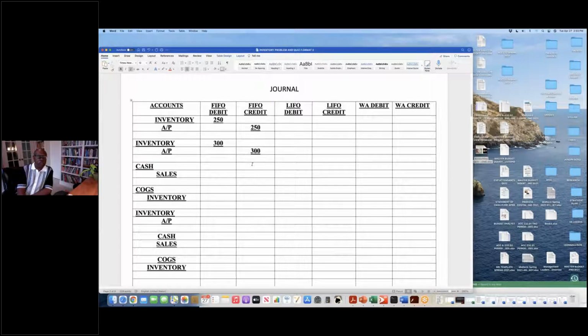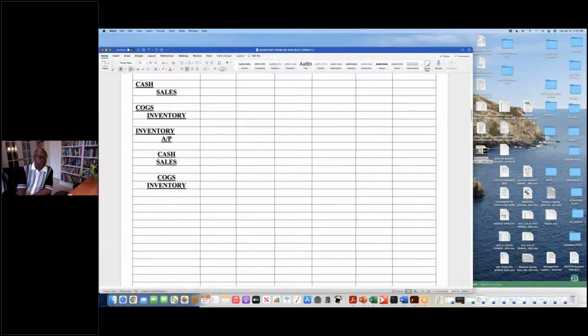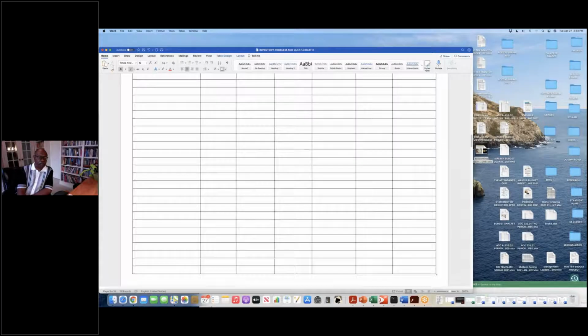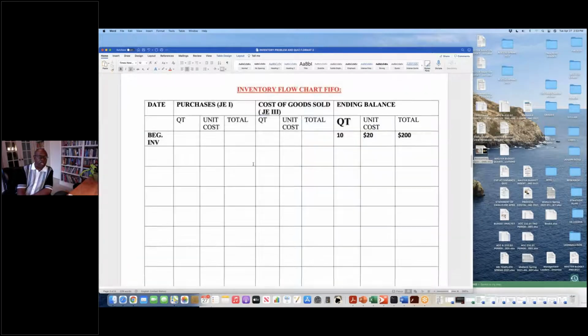Now we want to put these into the inventory chart because we have a lot of items. It's easier if we keep it separated this way. So we got 10 at 25, so that's 250.